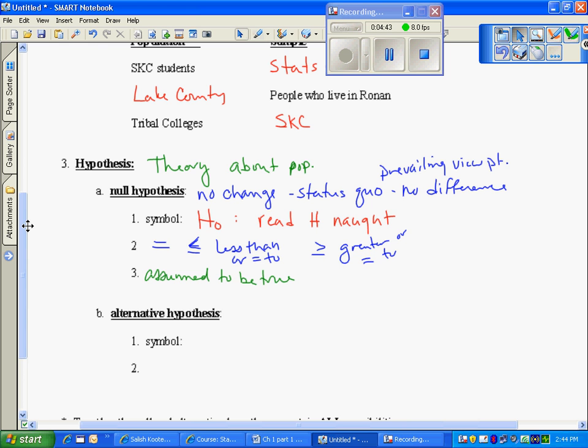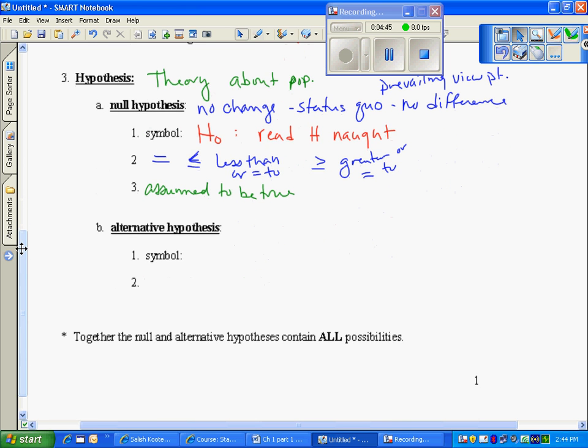The alternative, then, is the opposite of the null. It's basically my theory. It has the symbol H1, and that's how you read it, H1. And mathematically, within this, it has the less than sign, the greater than, or the not equal to.